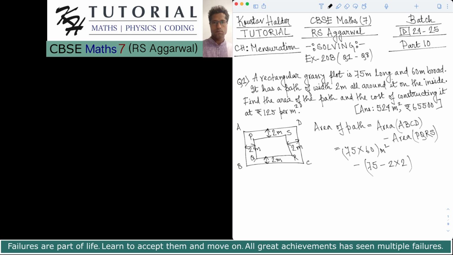So this much meter is the length of the rectangle PQRS. Similarly, the width of the rectangle PQRS will be the width of the rectangular grassy plot, which is 60 minus 2 into 2. So this much meter square.